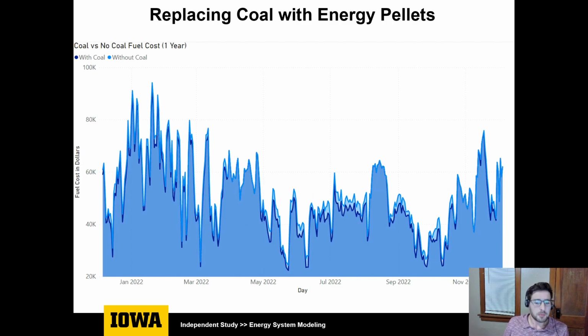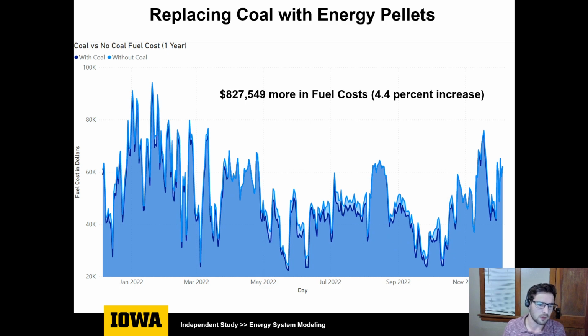But of course, these energy pellets cost more, so we also want to know how much more this is going to cost us. It's great that it saves emissions, but we should also know the monetary impact of this change. The difference in these curves is pretty small, but if you added up the difference over the year, it's about $827,000 more that we would pay in fuel.